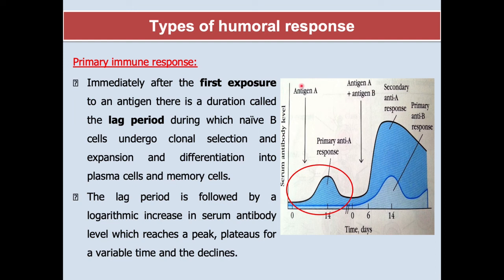For example, when antigen A invades our body for the first time, it will be recognized by naive B cells. The naive B cells need time to undergo clonal selection and differentiation into plasma cells and memory cells. That's why there is a lag period here.